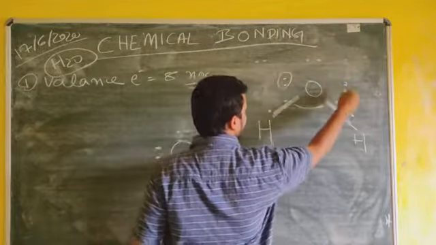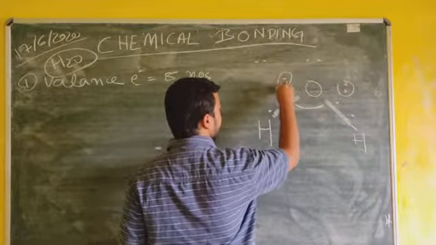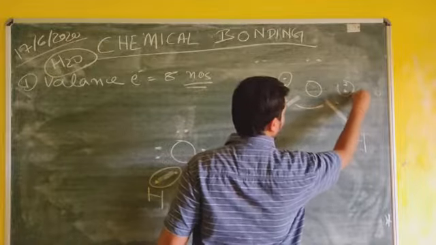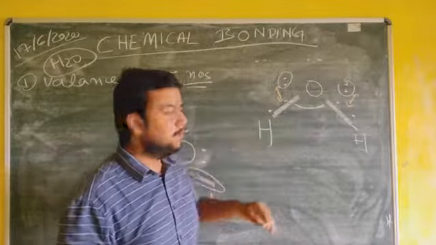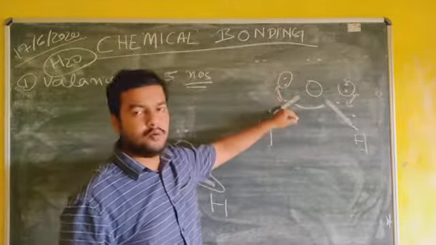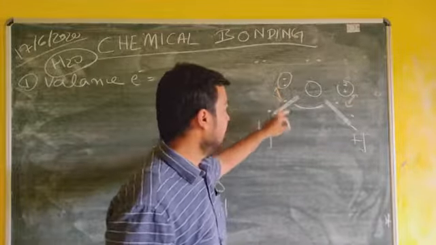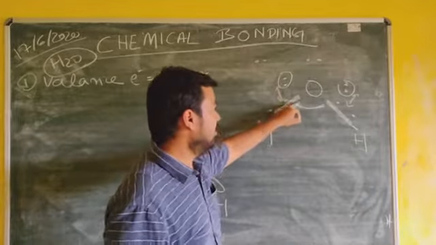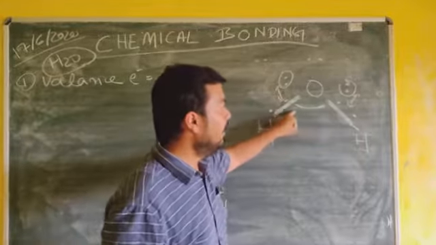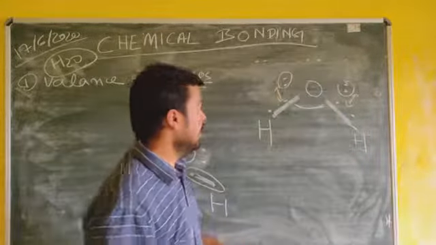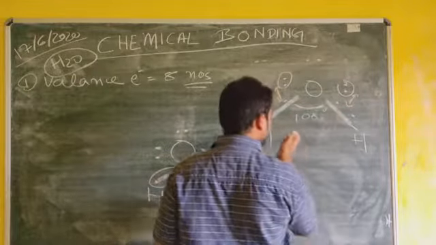So these electrons will be repelling these pairs of electrons, which means there will be a repulsive force, because this is also minus charge and this is also minus charge. So if we can calculate these forces, then we can identify the position of the line or the position of the pair of electrons. So we can calculate the angle between these two bonds. It turns out to be 108 point something degrees.